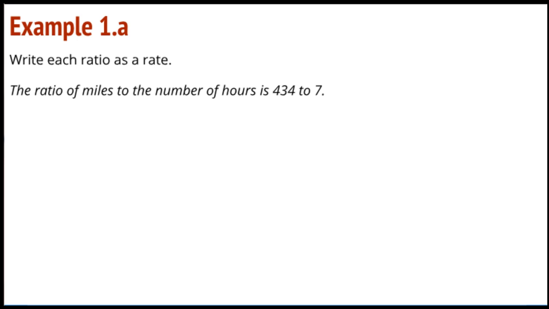All right, so example 1a. We have a ratio, and we want to write it as a rate. The ratio of miles to the number of hours is 434 to 7. So I have a ratio, 434 to 7. My ratio is miles to hours.